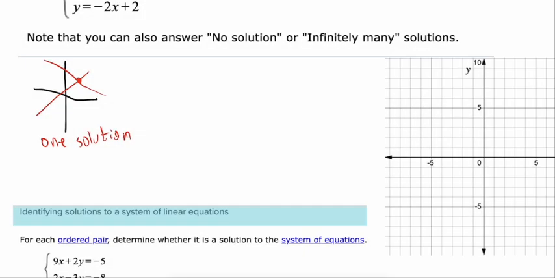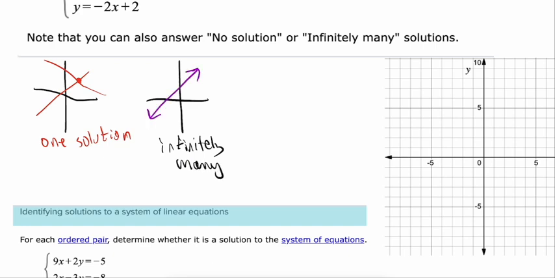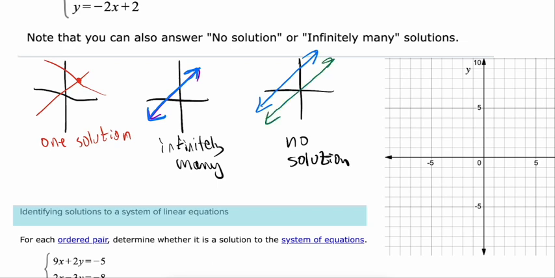If they, sorry, my graph paper's so bad. If they have infinitely many solutions, you would go to graph one line, and then the second line would be a perfect overlap. And then finally, no solution would be when you graph one line and you graph the next line and they are parallel.